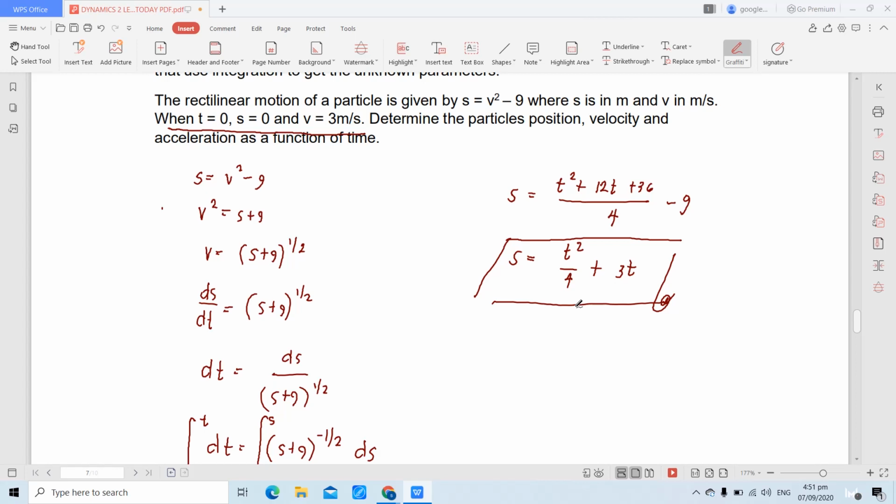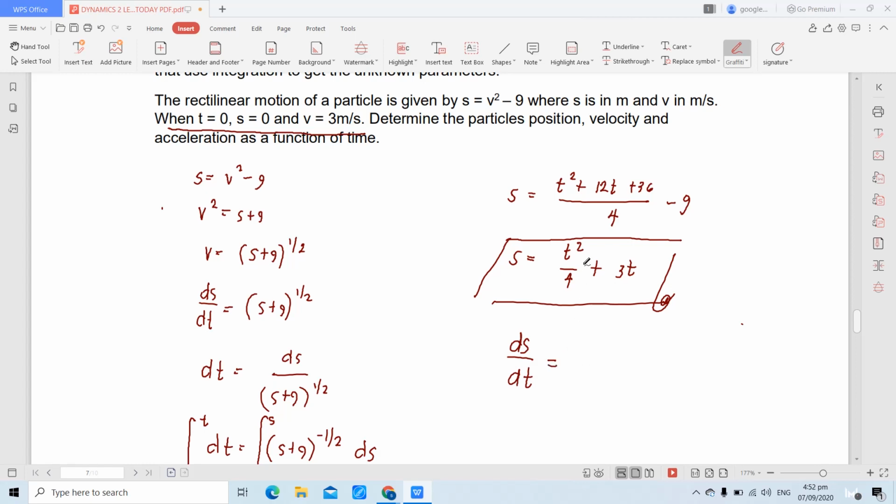Okay. Kunin naman natin yung velocity as a function of time. So, anong gagawin natin doon? Since meron tayong S as a function of time, case number 1 na to, di ba? So, paano kukunin daw kapag case number 1 yung velocity? Differential calculus. I-derive lang natin. So, derivative of S or ds with respect to time t.